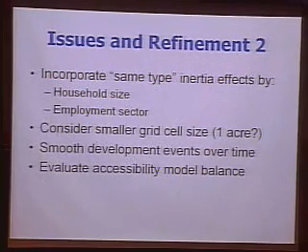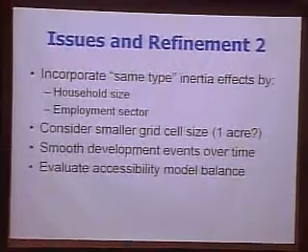The other thing is, in some of the choice models, incorporating what I'm calling same-type inertia effects by household size, so that we maintain the character of neighborhoods where they tend to be large family versus small household size. And the same with employment sectors.